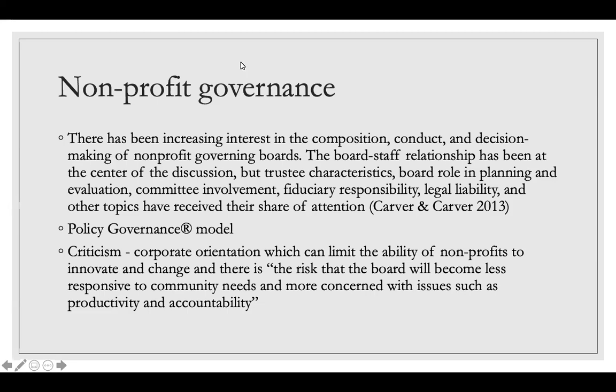Okay, great. So I wanted to ask a question. Sometimes small organizations have what are known as working boards. So how does that tie into the difference between governance and, sorry, the other term, which I've forgotten all of a sudden.